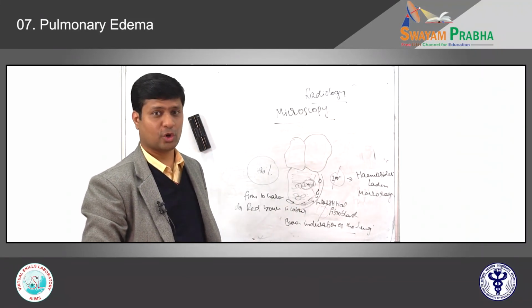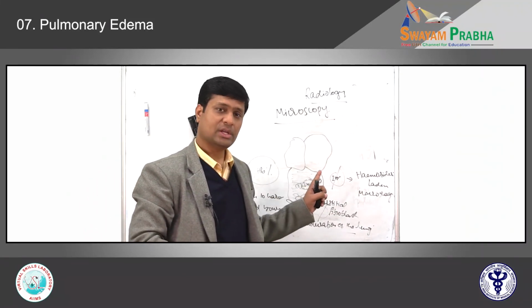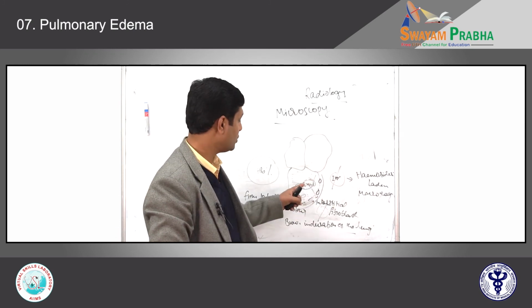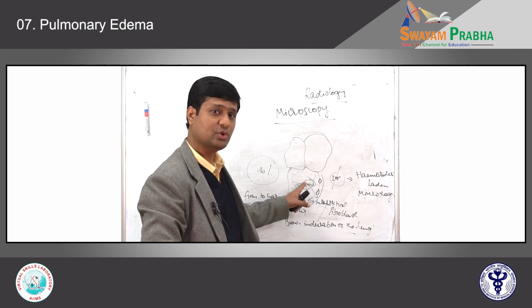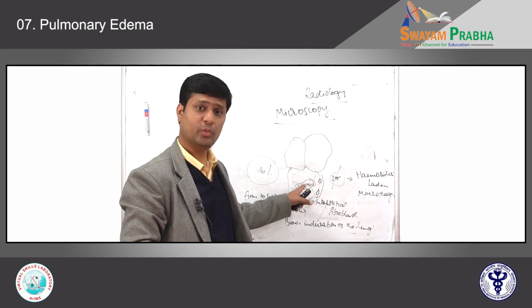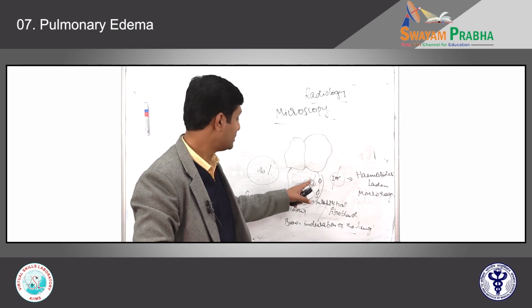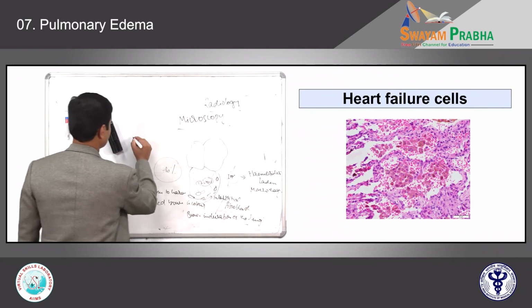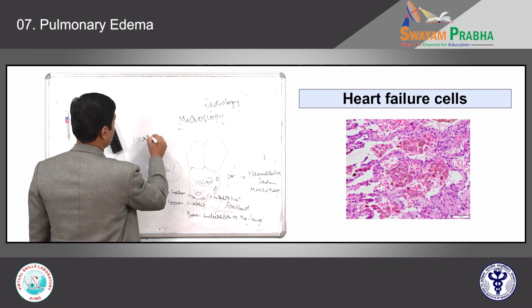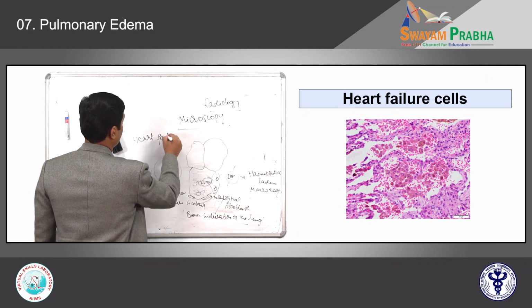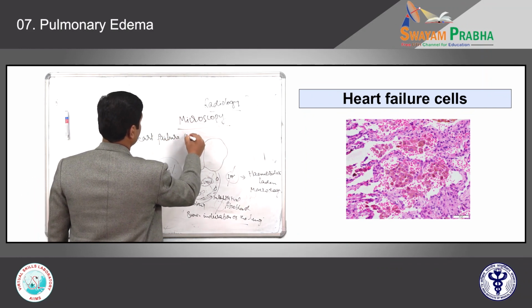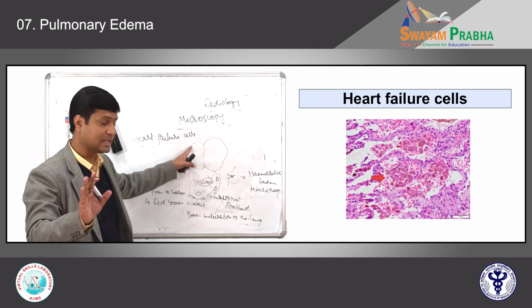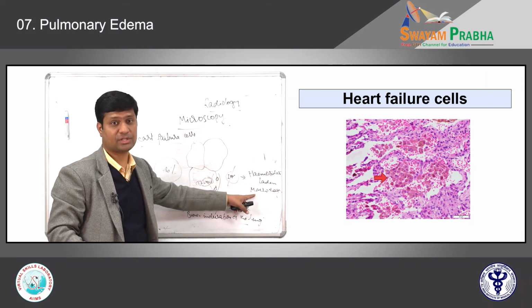Initially, when they were doing autopsy studies, whenever they had a patient with left-sided heart failure, they always found hemosiderin-laden macrophages in the alveolar lumen, right? Hence, these cells were initially called heart failure cells. Heart failure cells are nothing but hemosiderin-laden macrophages.